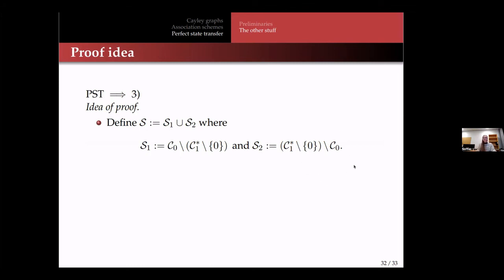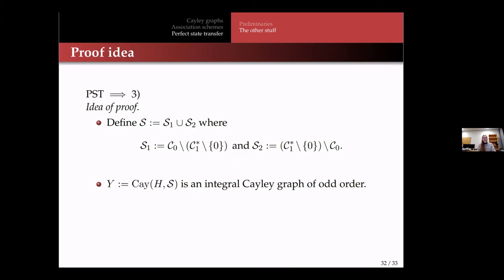And so what we're going to do here is that we want to show that S is empty, which is going to mean that C0 is equal to this set here, which is what we're trying to show. So S is a subset of H, the subgroup of our group which contains all the elements of odd order. And so now we define the Cayley graph of H with respect to S.